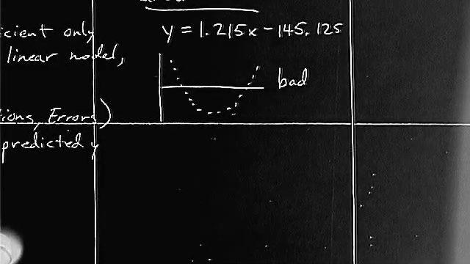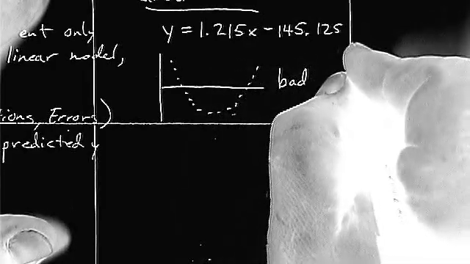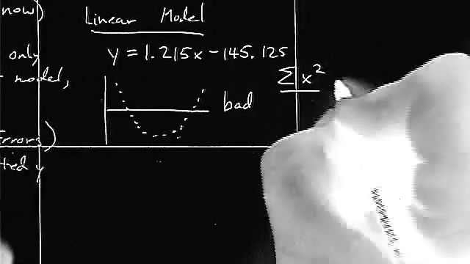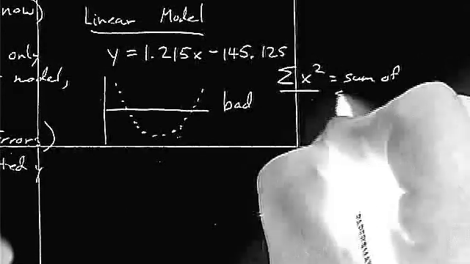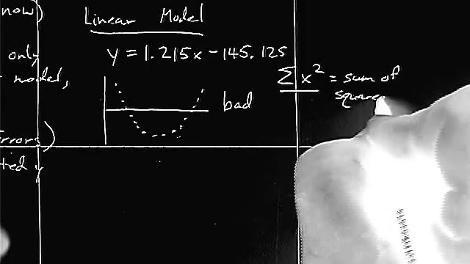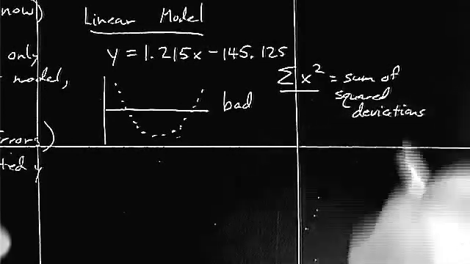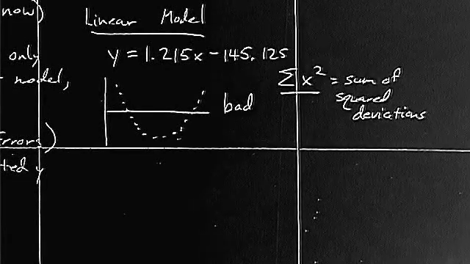It's trying to tell me that this is not a linear model. And just for fun, we'll find the sum of the squared deviations, right? Sum of squared deviations. Because that's a numeric way of being able to tell what's going on.